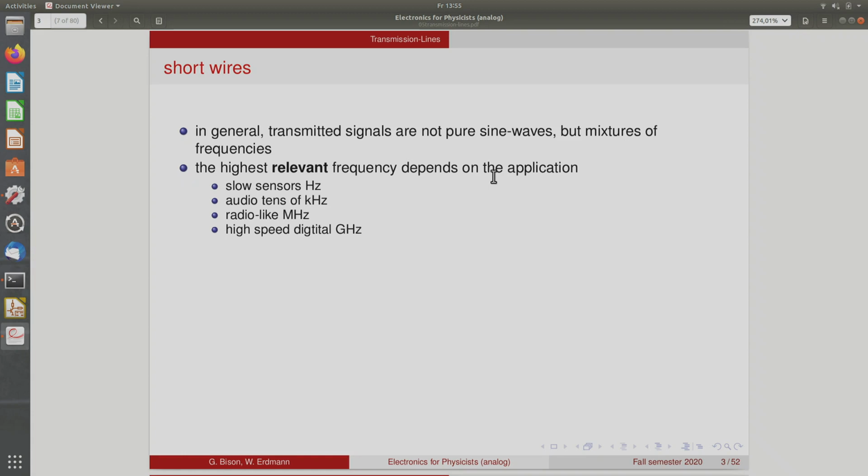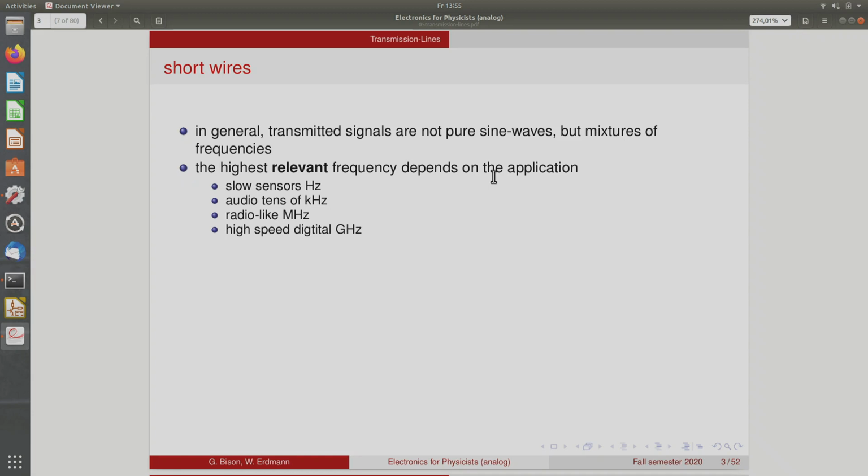But when you do radio-like signals, you need to think about megahertz waves, and when you do very high-speed digital, you even need to think about gigahertz. And it's not only the repetition rate of your signal that matters, but it's the speed.